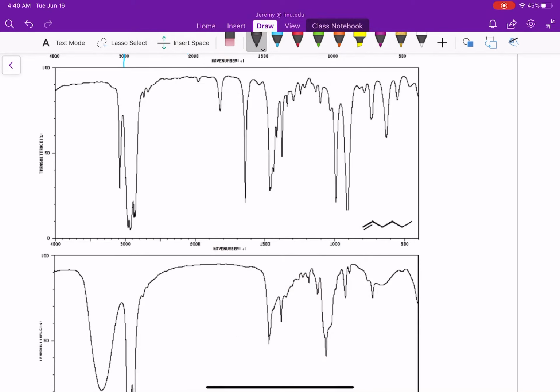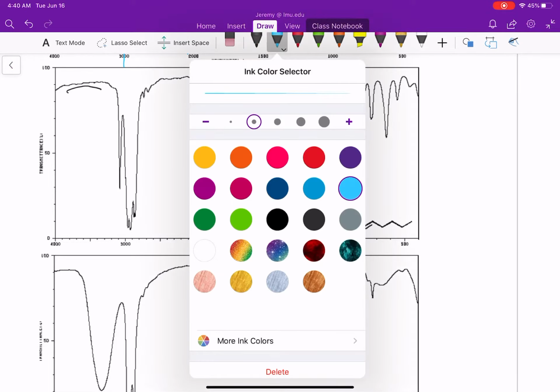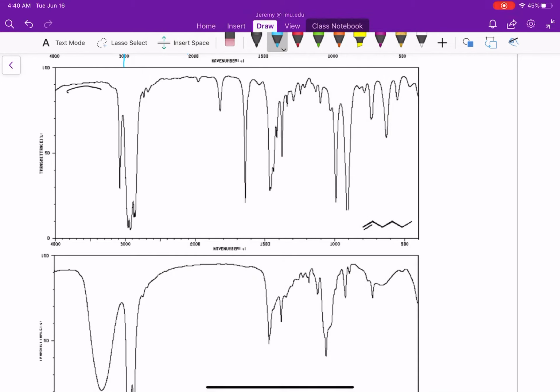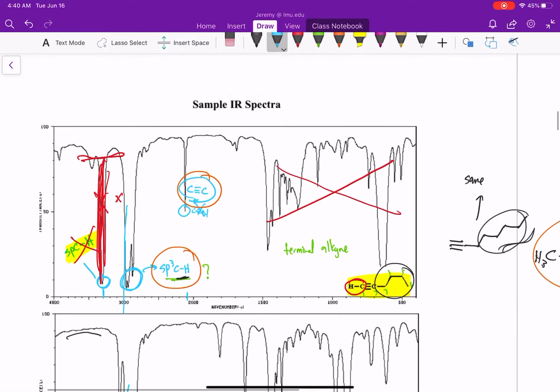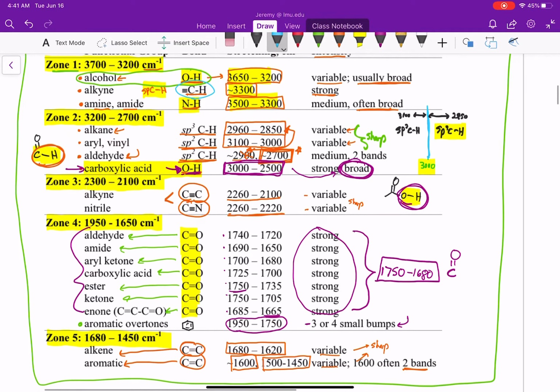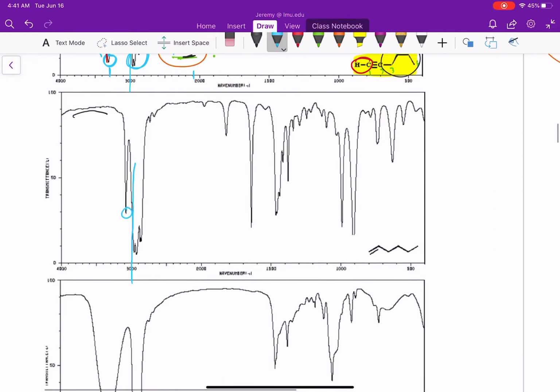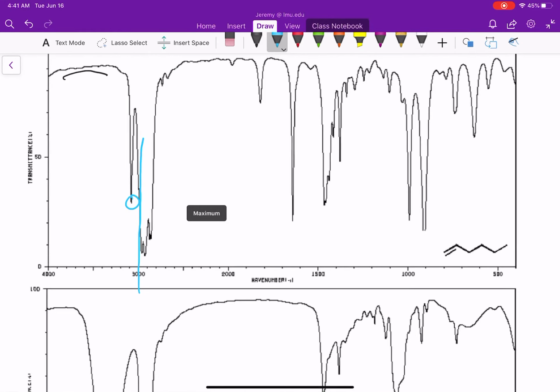Here we have an alkene, right? So let's analyze our structure, our spectrum. Nothing in zone 1. I get to zone 2, right? I like to draw in my 3000 line. So here I can see I have a peak at about 3100, right? Again, we always want to go back and refer to our table. What do I have when I have something to the left of my 3000 line?